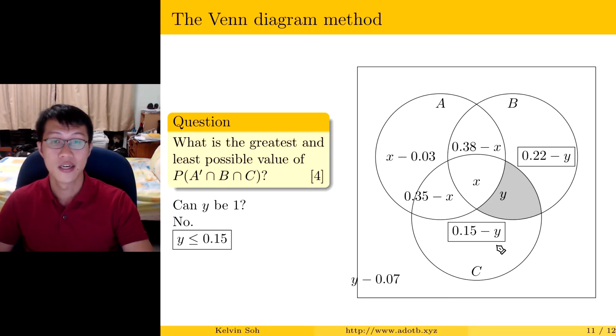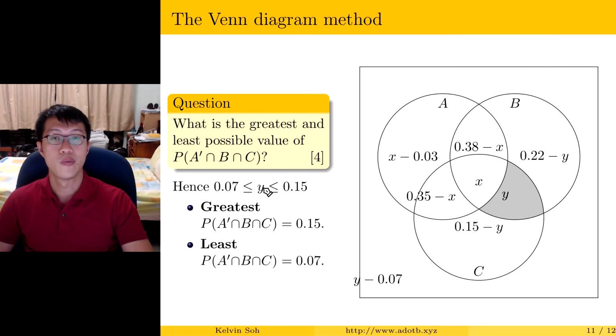In such a case, y can either be 0.15 or 0.22. It can't be 0.22 because if you plug it inside here, you'll still be negative. So the greatest possible value for y is 0.15. Hence, we have the fact that y has to be at least 0.07 and at most 0.15. So the greatest value is 0.15 and the least value is 0.07.